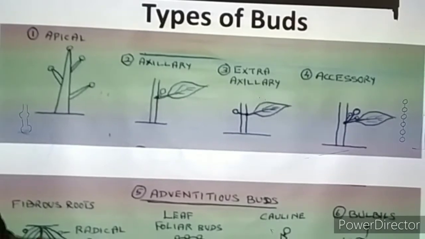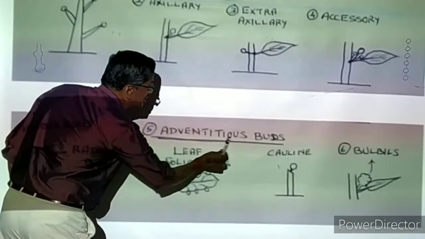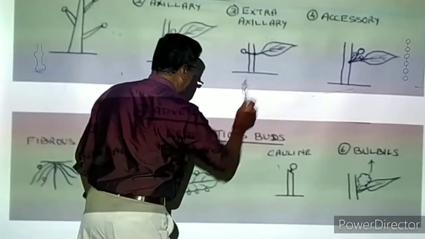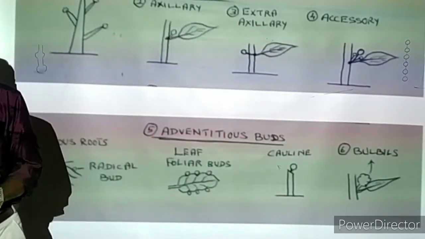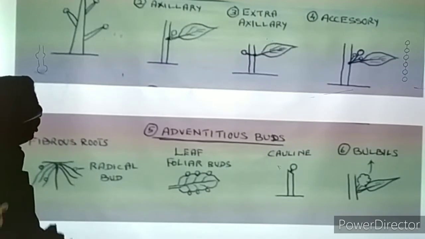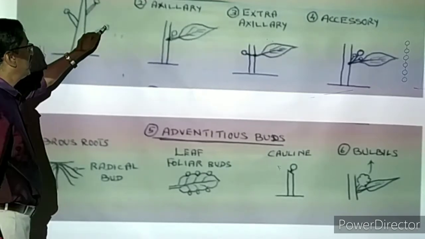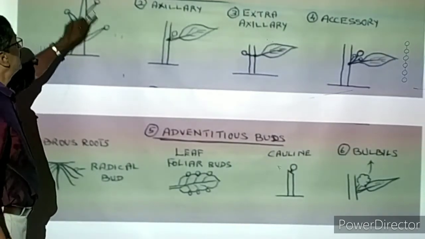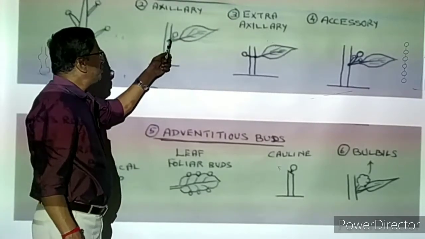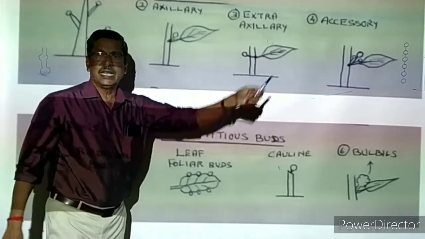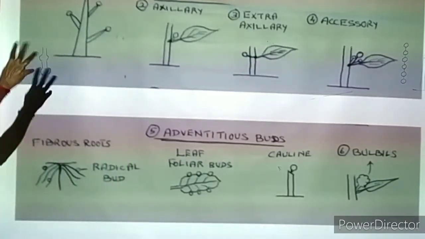Now we are coming to the next type, adventitious buds. Actually, 4 types we have completed, this is the 5th type, adventitious. What is the meaning of adventitious buds? Normally buds are present at the tip of the stem and branches, terminal buds, that is the apical buds. The buds present in the axil of the leaf are called the axillary buds, one type. 2 types we have seen.